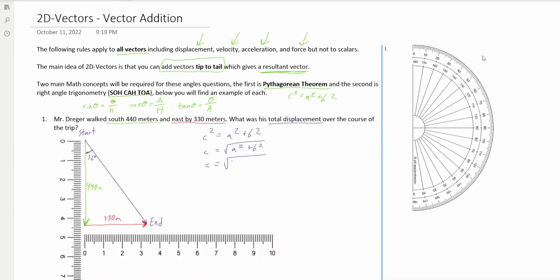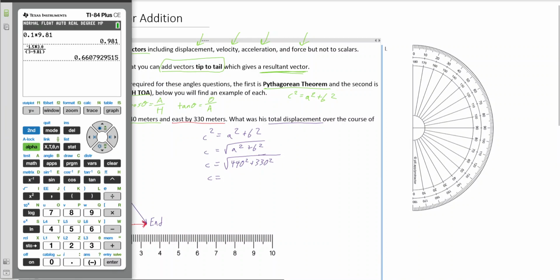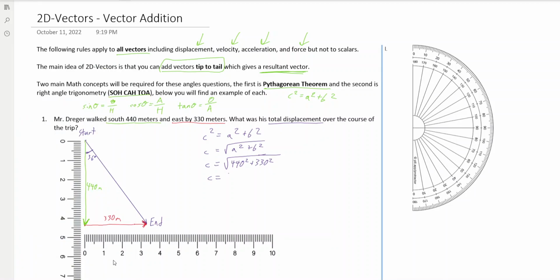So 440 squared plus 330 squared, with the square root of that, giving our final answer. So where's my calculator? Here it is. We get the square root of 440 squared plus 330 squared, and we get 550. Okay, 550, that's the hypotenuse side.